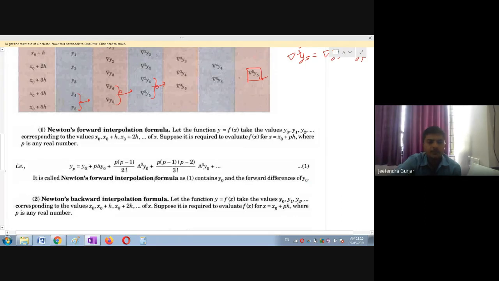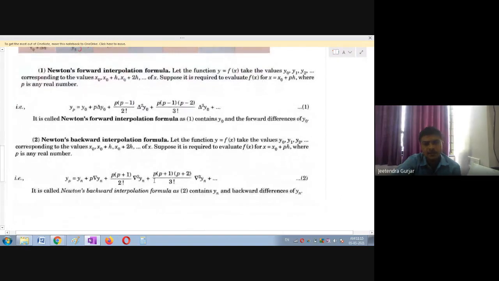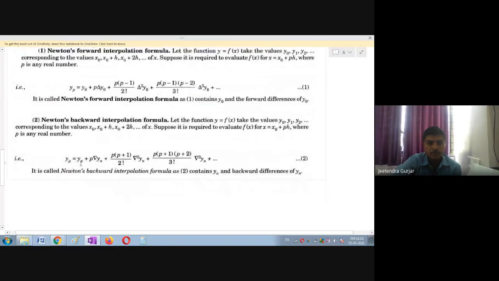So please note down. Again, Newton did not stop here. He came to the backward interpolation formula. He says let the function be y = f(x). Take the values y0, y1, y2, and so on, with corresponding values x0, x1, x2. Then the required value f(x) for x = x0 + ph, where p is a real number. He says that yp = yn.